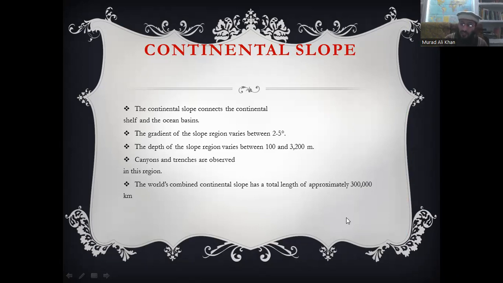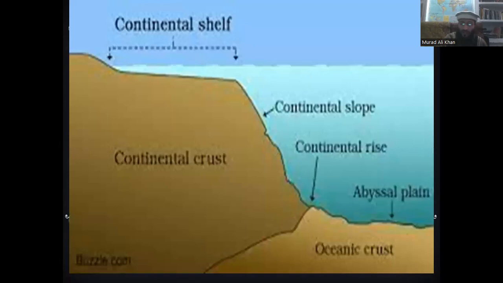It means that the length of the coastal area of the world is 300,000 kilometers. This area is known as the continental slope.